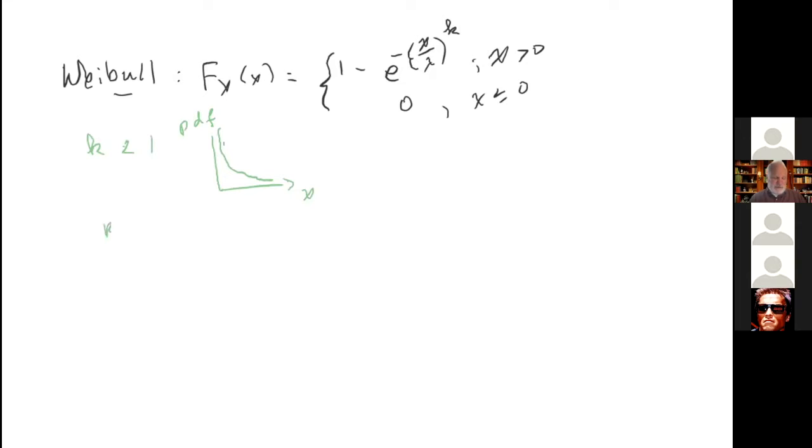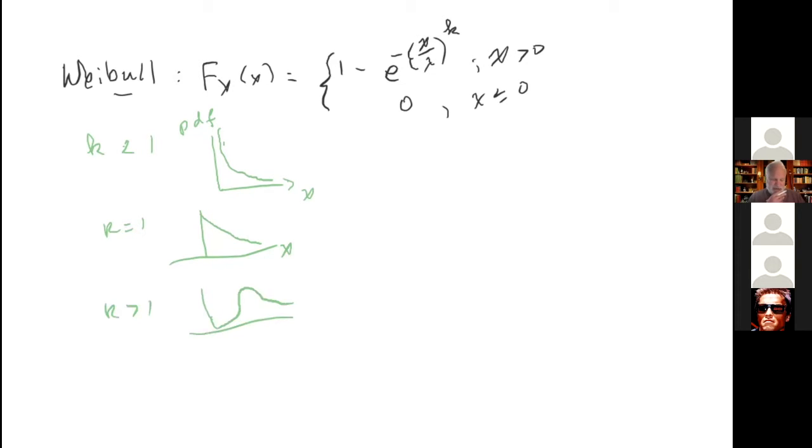Again, this is the PDF, not the CDF. So for k less than 1, there's an asymptote at the origin. The PDF looks like this. If k is equal to 1, it's actually an exponential. Again, these are the PDFs, and if k is bigger than 1, it actually looks something like this.